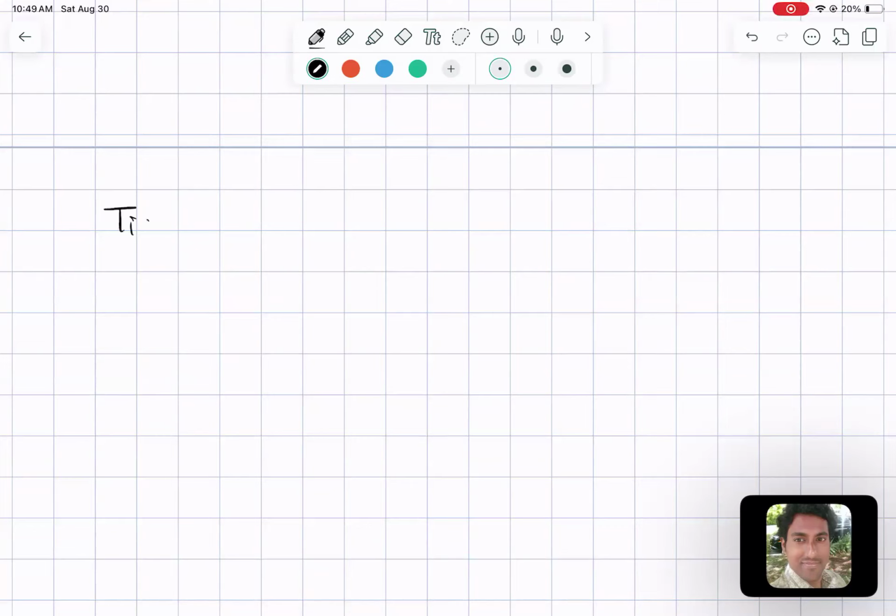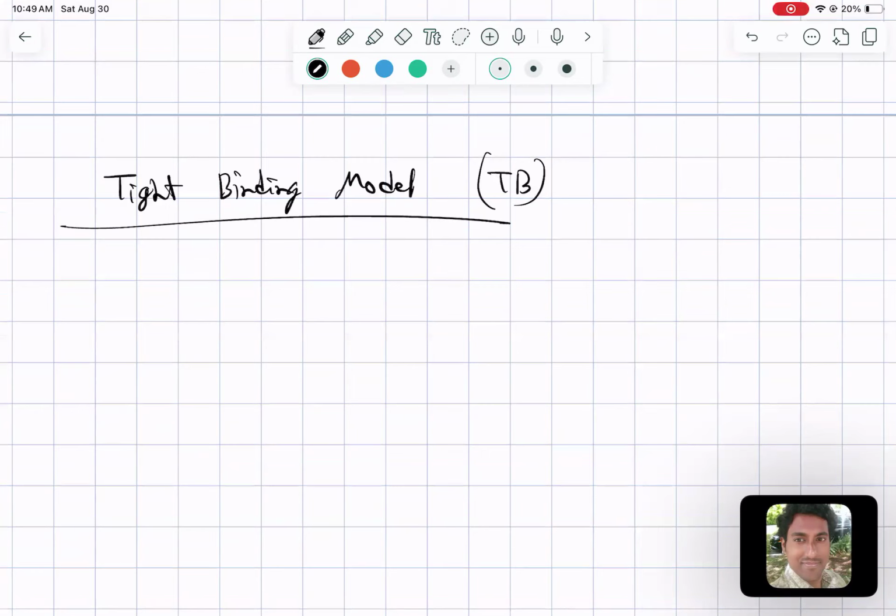Okay, so for the tight binding model, the idea is similar, but for now we have one atom per unit cell, and later we can include two atoms.